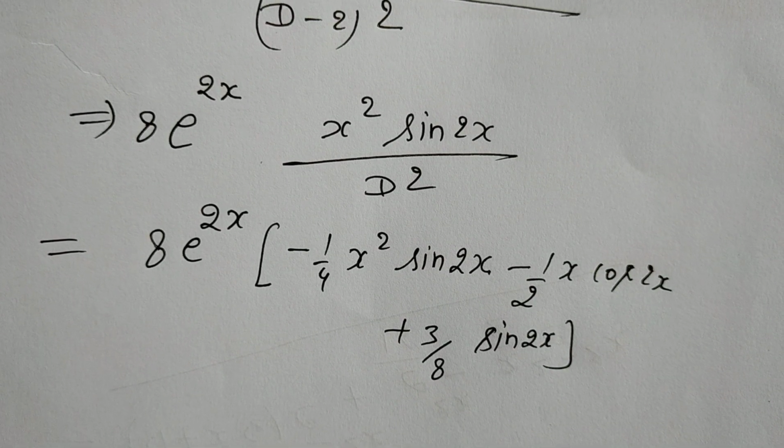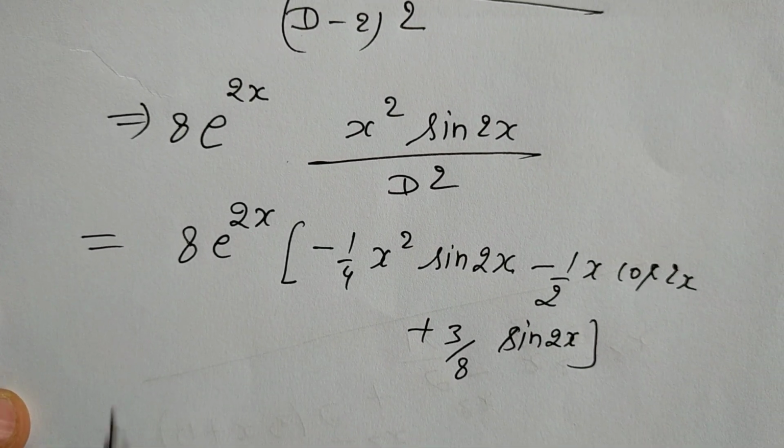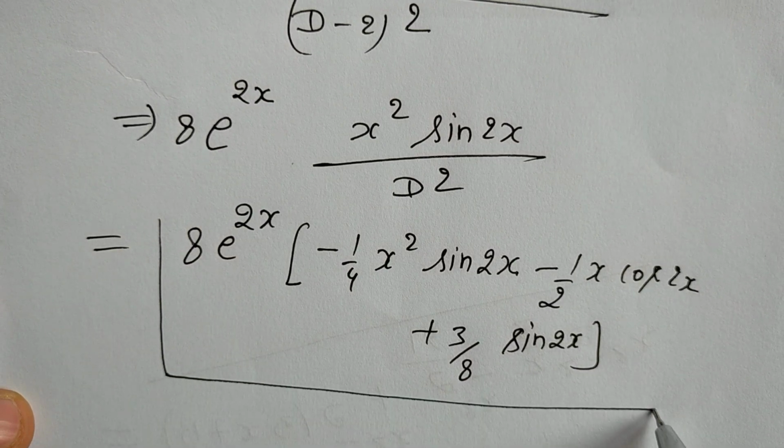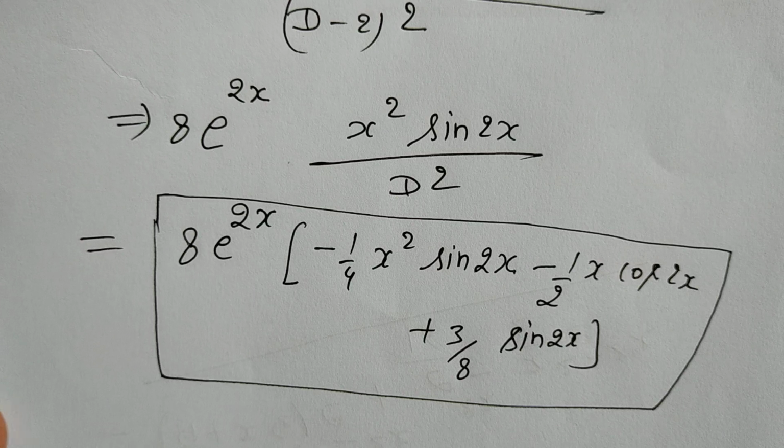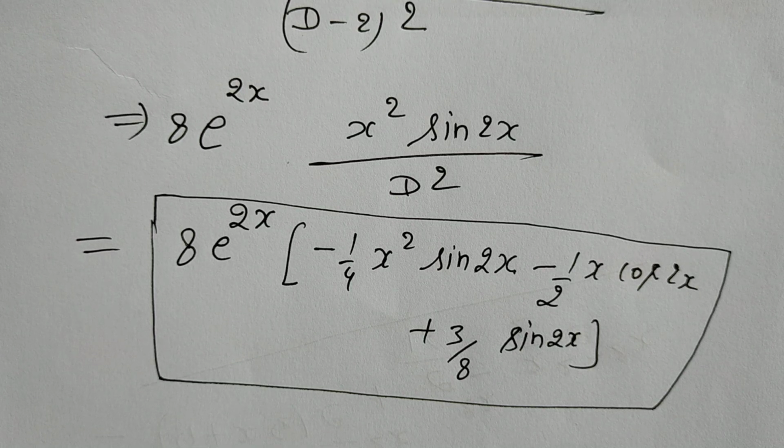So this is the particular integral of the given problem. This is the shortcut method for finding the particular integral. We can apply this method without time consuming and with very little calculation.